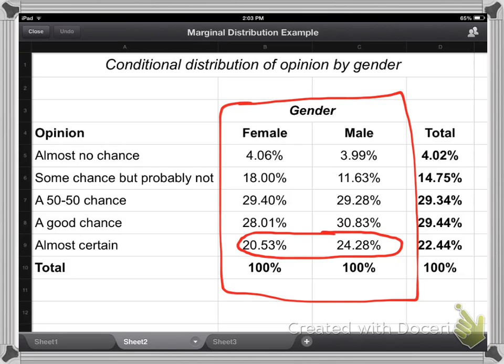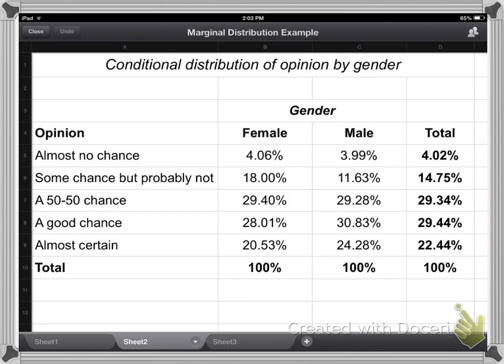Only about 1/5 of the women said that they were almost certain that they would become rich, while just about 1/4 of the men responded that way. So again, the reason that conditional distributions are so helpful is because not only can you make observations within your categories about how the data is distributed, you can also make comparisons across categories.